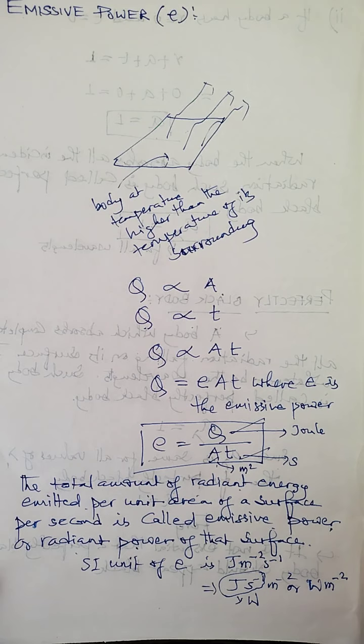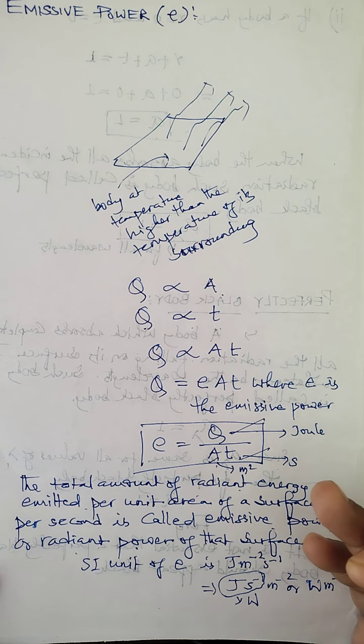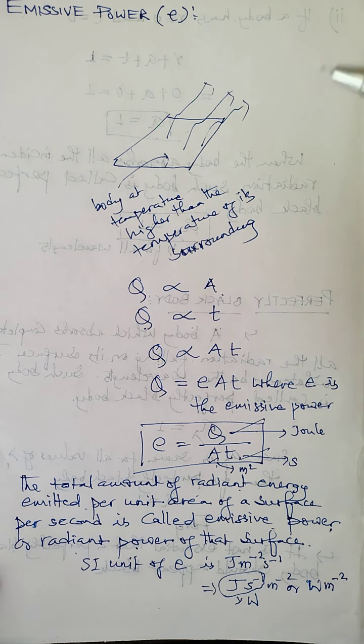And children, one important note you have to write down here: this radiant energy has different wavelengths, and its spectrum can be obtained. For example, the sun gives us radiant energy in the form of heat and light, and it has different wavelengths. The wavelengths of the radiant energy produced by the sun can be observed in the form of a spectrum, and this is called the electromagnetic spectrum, because the sun gives us electromagnetic waves in the form of radiation.